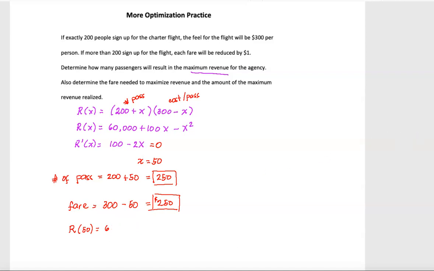We can just simply multiply the number of passengers by the fare. So the total revenue would be equal to 250 times 250, which is equal to 62,500. So the maximum revenue is $62,500.